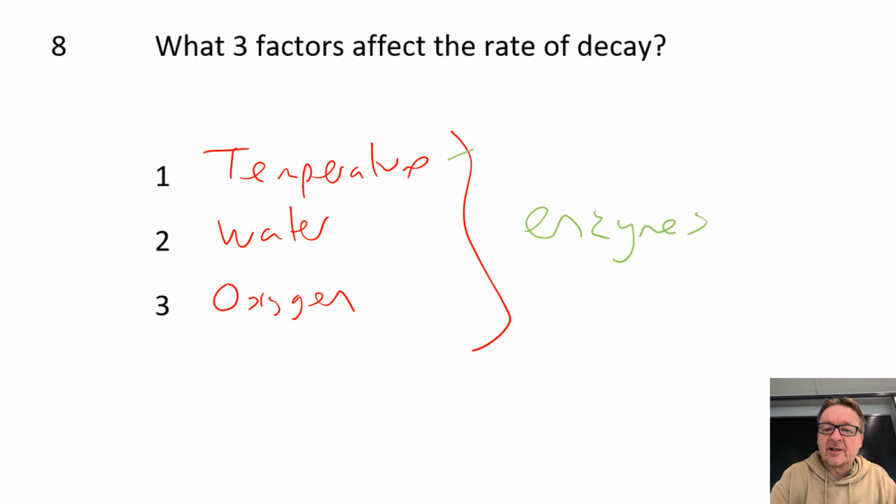If it's ridiculously cold, like in your freezer at minus 18 degrees C, things don't decay because it's too cold for the enzymes. If it's warmer, the enzymes will work quicker. If it gets too hot, the enzymes could denature, and then they won't work at all. If there's no water, the enzymes won't work, and if there's no oxygen for energy, the enzymes won't work.